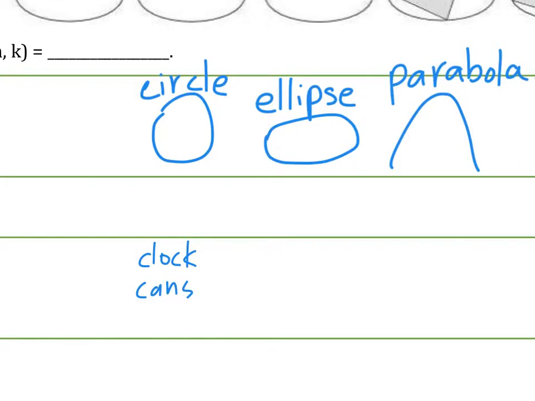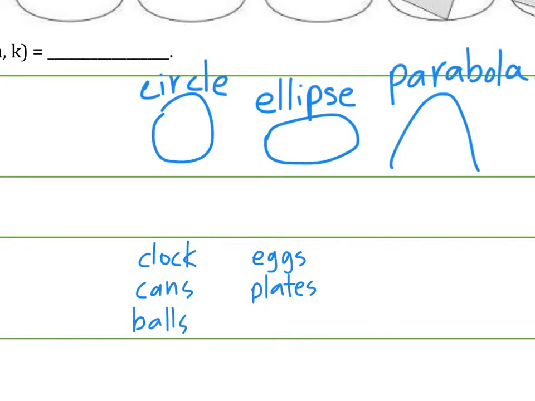Anything else? Circular. Basketball. Okay. If you cut it in half, I guess. Okay. All right. How about ellipse? Eggs. Kind of. Plates. Okay, so there's some oval plates.